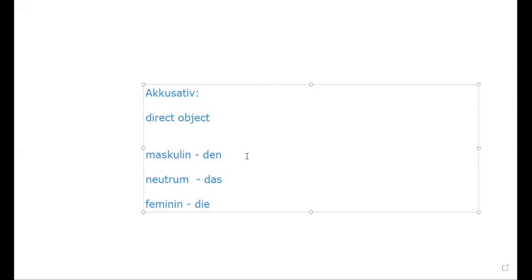For example, ich kaufe, I buy. I buy a computer, and computer is der Computer. So here the subject is doing the action. If you ask the question what do I buy, you will get the direct object in the sentence.